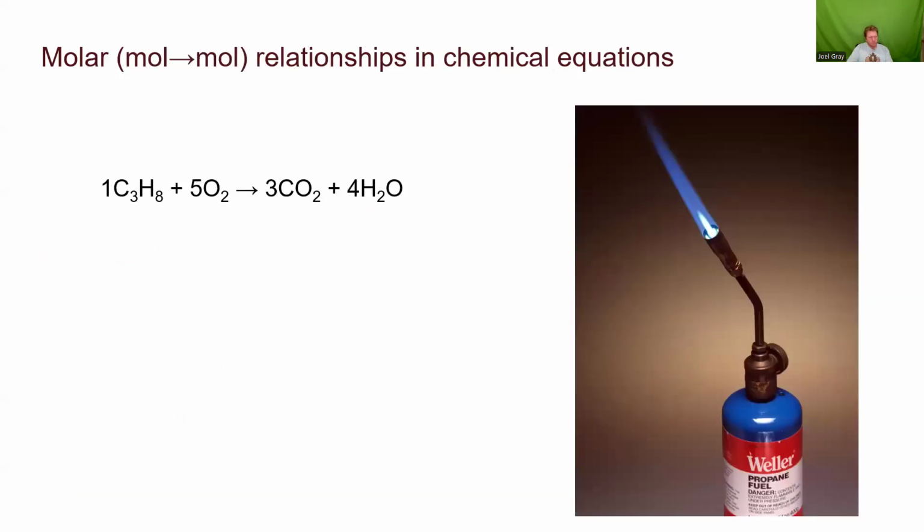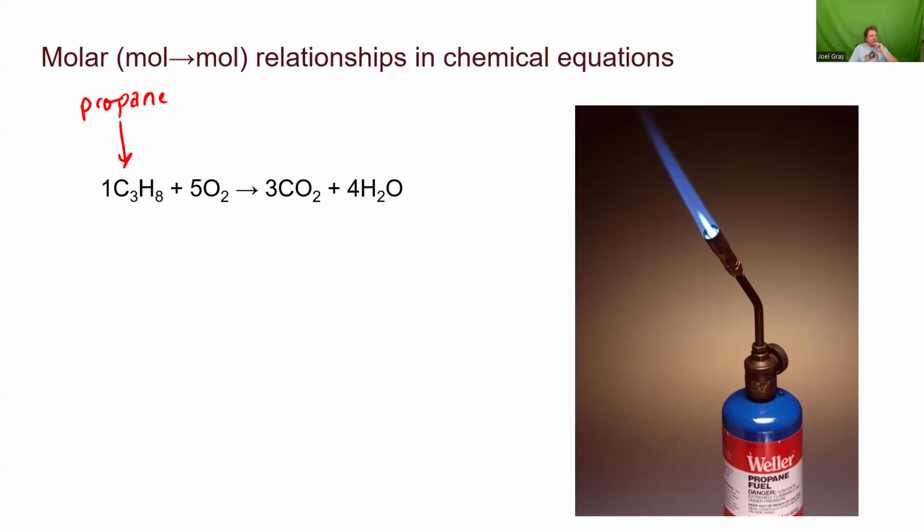Now, in addition to all that, there are molar relationships in chemical equations. And this is kind of the key of stoichiometry. This right here is a balanced chemical reaction, and this tells us that C3H8, a compound known as propane, and if you've ever watched the TV show King of the Hill, then you know that Hank Hill loves propane and propane accessories.